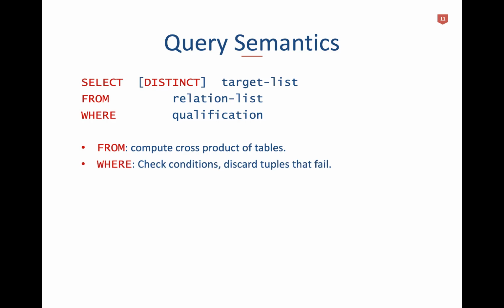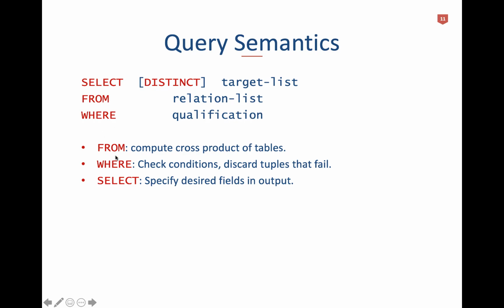For example, to be more specific, you can have the distinct keyword in order to remove duplicates from the output. You have a target list, that's what you will see as the output of your query. Then from, and here you will have the relation list. So this is, generally speaking, more than one relation, and here you have the join and the qualifications that you want.